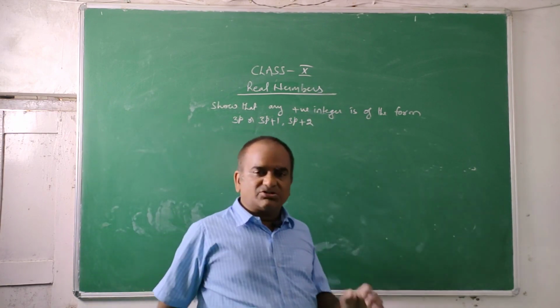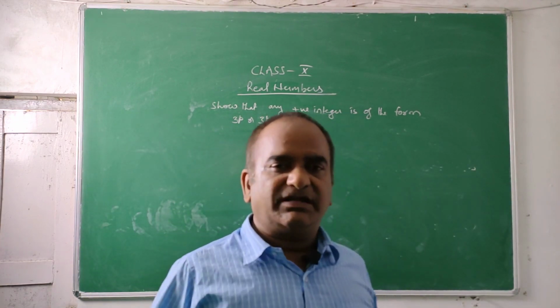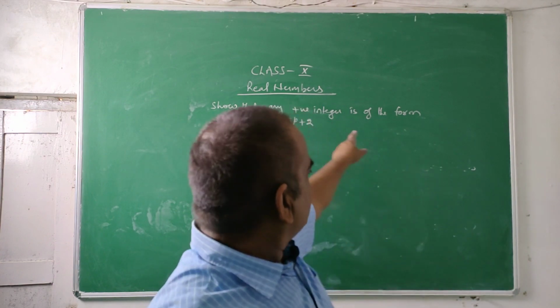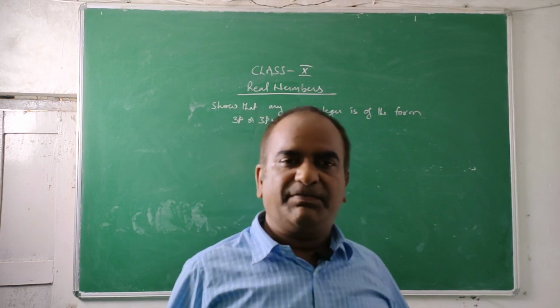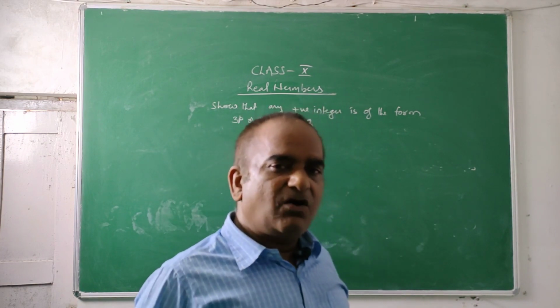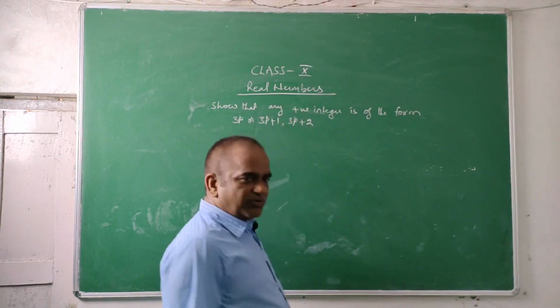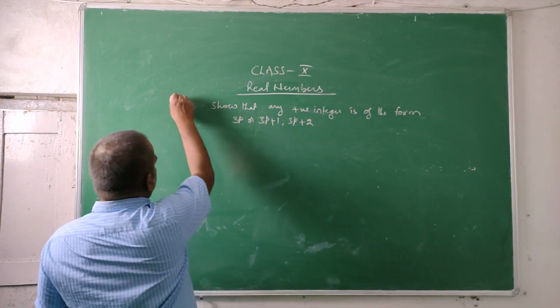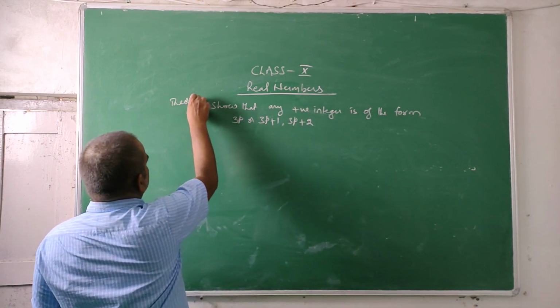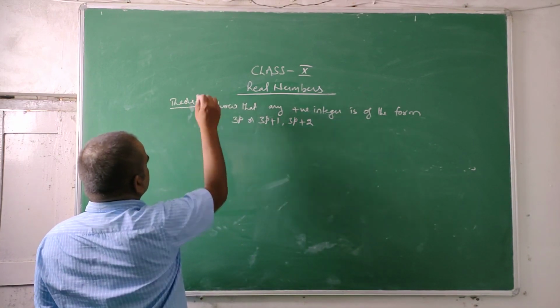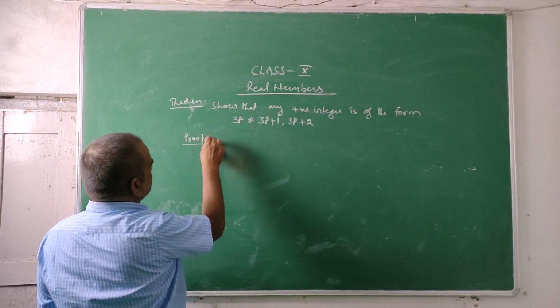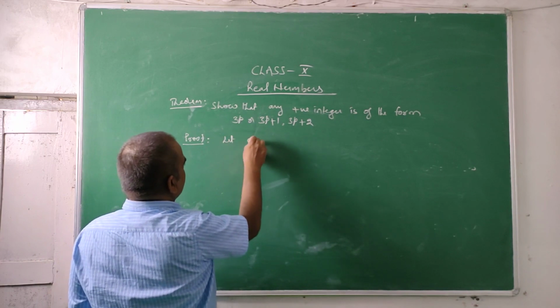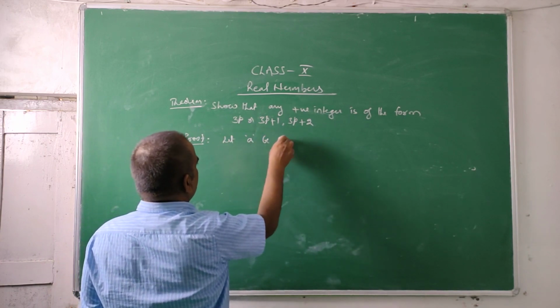So we are required to show that any positive integer is of the form 3p or 3p plus 1 or 3p plus 2. So how do we prove? See here, proof follows. Proof: let a be any positive integer.